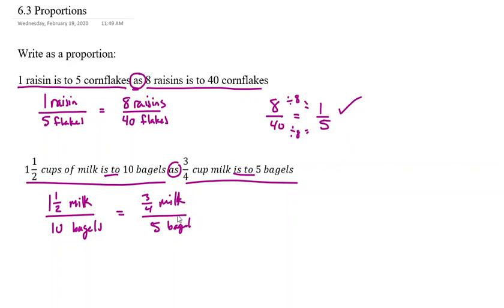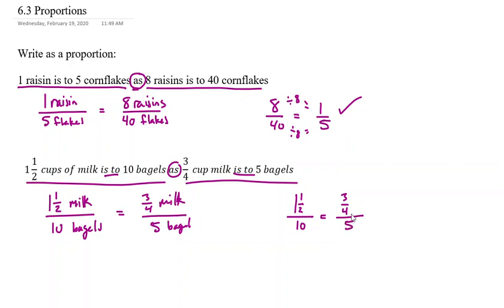Now, again, this question did not ask us to evaluate whether this was true or not, but we can. And I find that it's easier to make these evaluations without all the words. So I'm just going to write 1.5 over 10 equals 3/4 over 5.